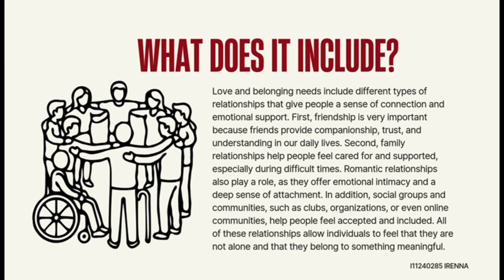Romantic relationships also play a role as they offer emotional intimacy and a deep sense of attachment. In addition, social groups and communities such as clubs, organizations, or even online communities help people feel accepted and included. All of these relationships help individuals feel that they are not alone and that they belong to something meaningful.